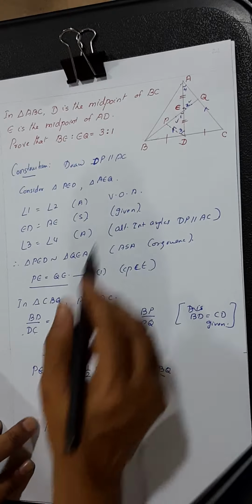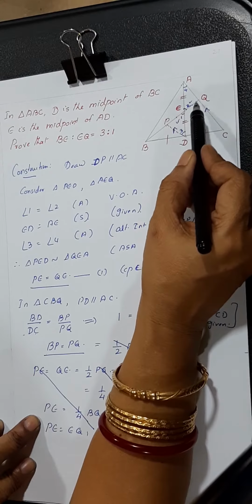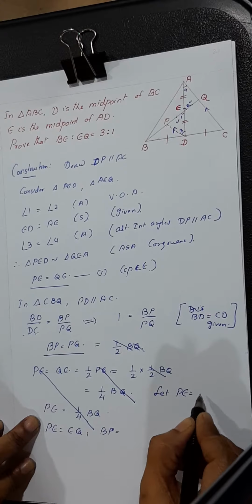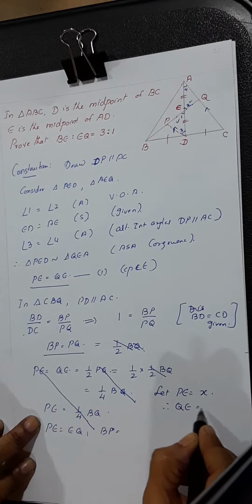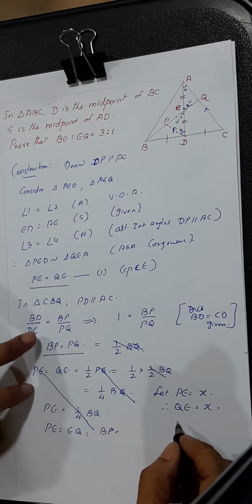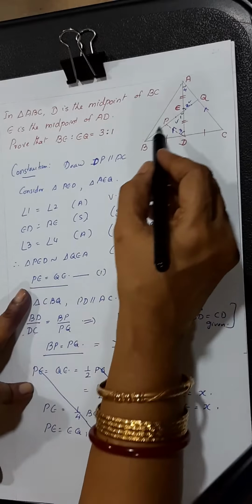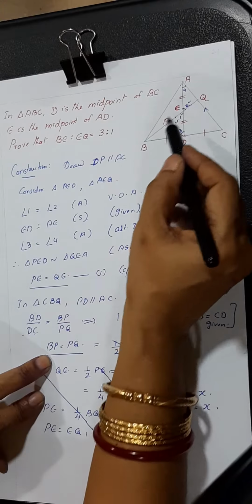Now we have BP is equal to PQ and PE is equal to EQ. So let PE is equal to x. Therefore EQ is also equal to x. PE and QE are equal. Now BP equal to PQ.